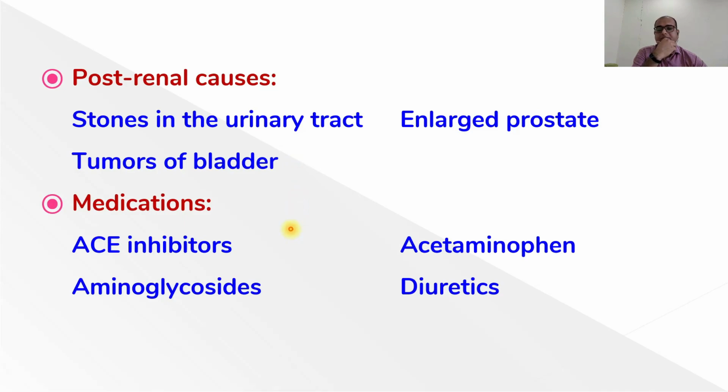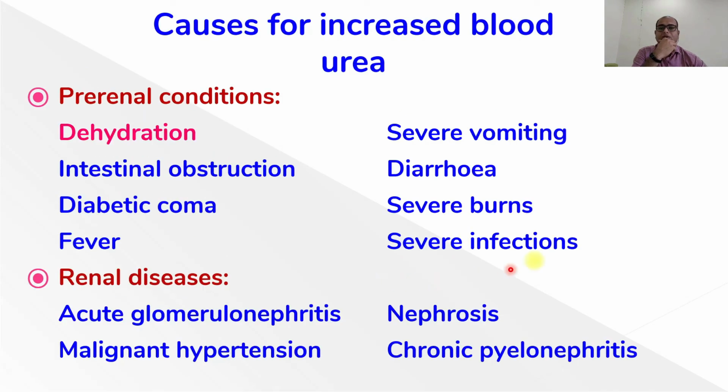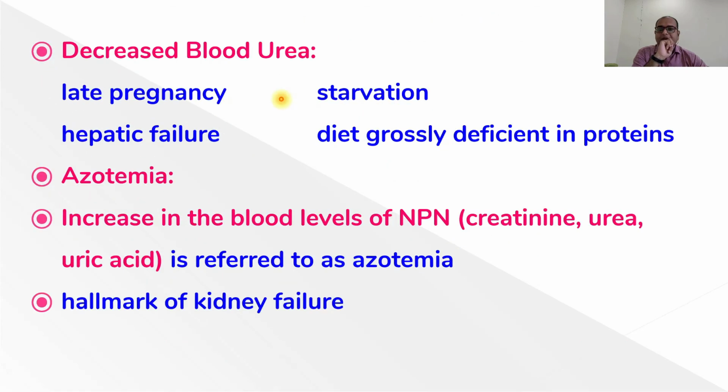Or if some medications are taken in excess, such as ACE inhibitors, aminoglycosides, acetaminophen, and diuretics. These are all causes for increased blood urea, which ultimately means there is lowered urea excretion. Decreased blood urea is seen in late pregnancy, starvation, hepatic failure, or a diet deficient in proteins.